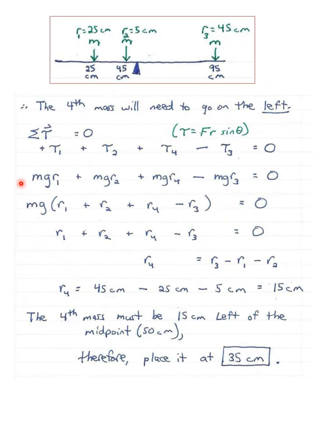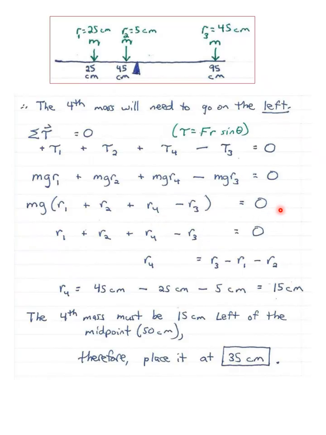So here we go. From torque 1, we have mgr1. From 2, it's mgr2. From the mystery mass, mgr4. And then for the third one, minus mgr3. You can factor out mg, so we have mg times (r1 plus r2 plus r4 minus r3) equals 0.